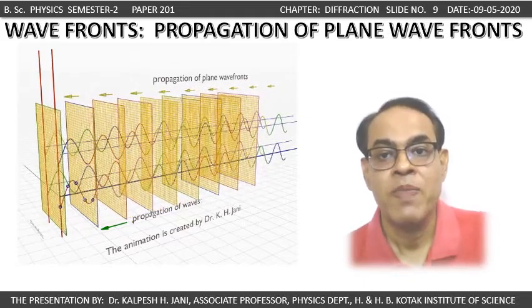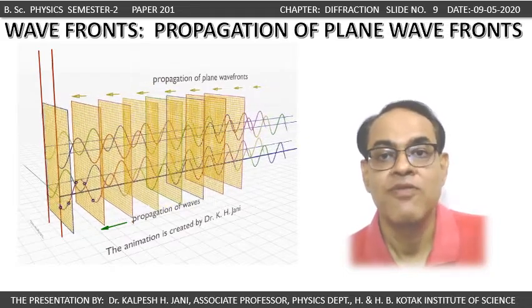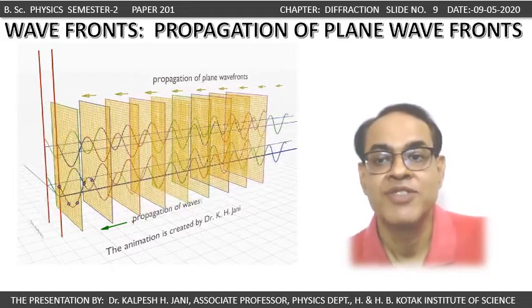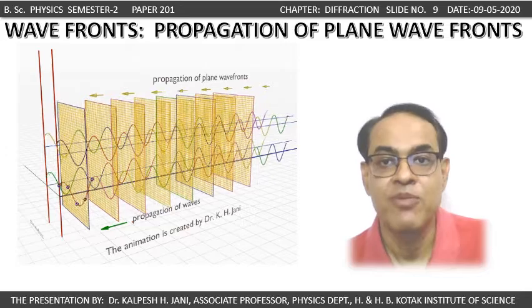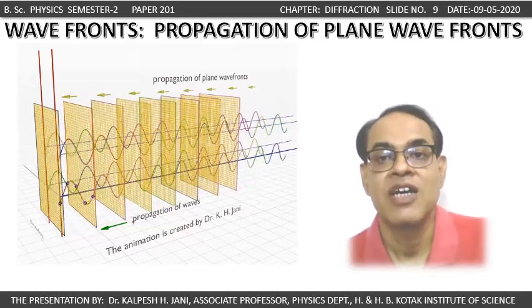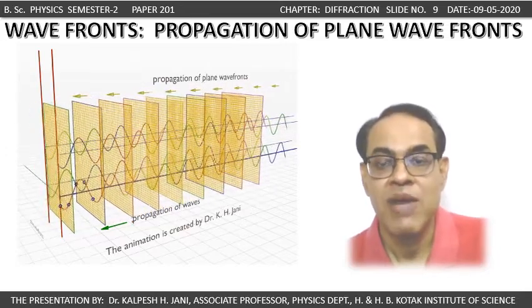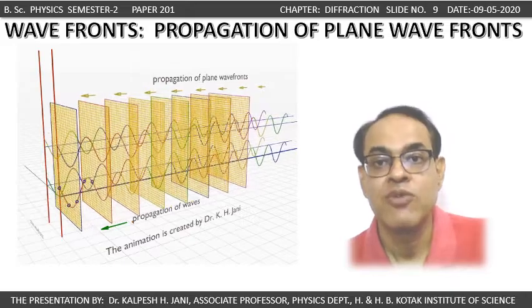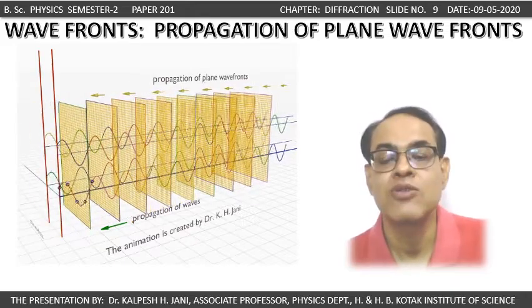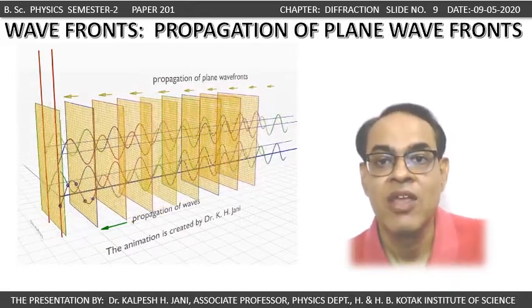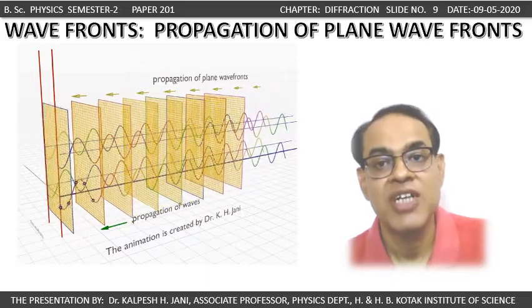That means that the portion of waves which are obstructed by the obstacle and the portion of waves which are not obstructed by the obstacle, these two portions actually are not totally independent. Actually, they are interrelated.